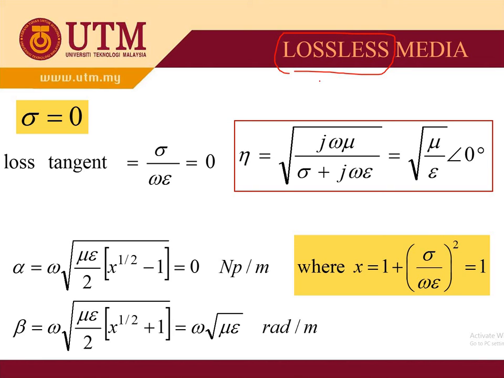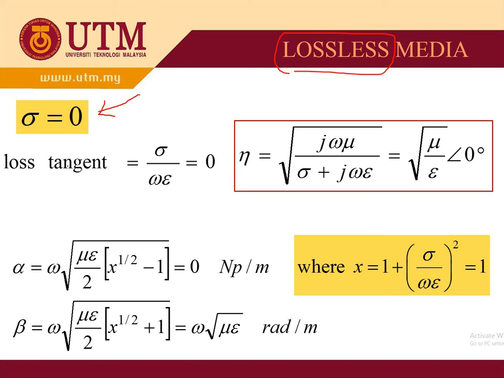Perfect dielectric means that the conductivity is zero, so it really cannot conduct any electricity. In real life, it's very difficult to have this kind of material, and most of the time it is expensive.